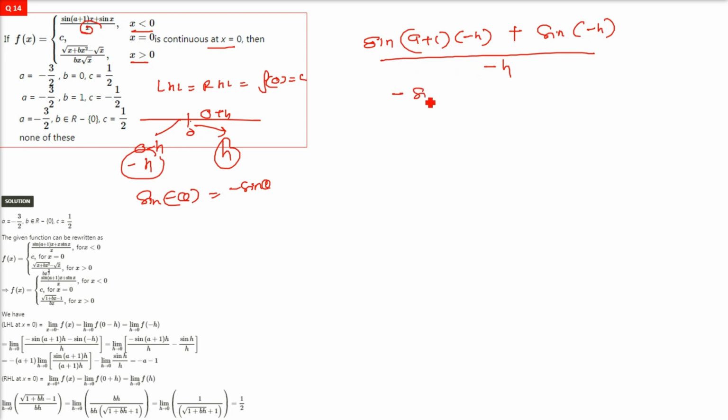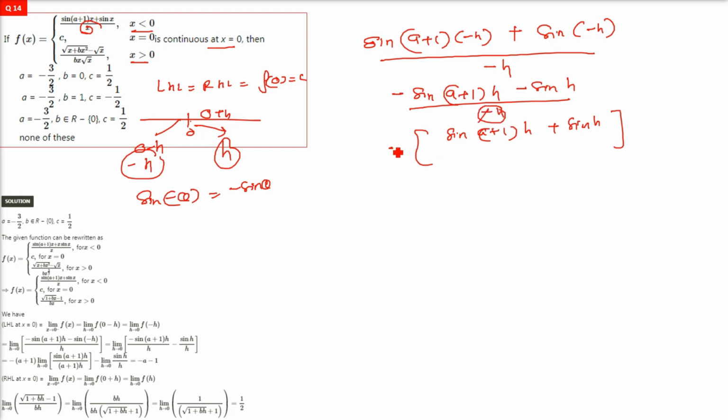This is going to be minus sin of (a plus 1) into h, and then you have negative sin h, divided by negative h. Now you can take negative outside from here. Sin of (a plus 1)h will be there, plus sin h, and you have a negative h in the denominator. So the minus gets cancelled, and I am taking h in the denominator and separating in this step only.